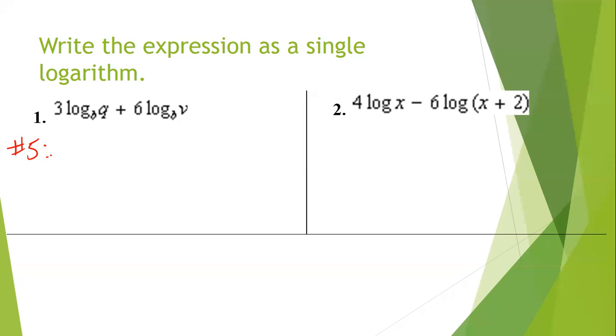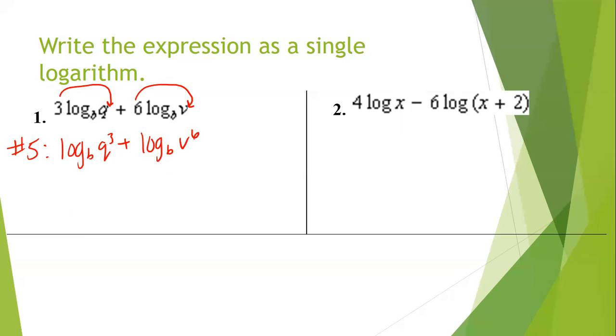So check for property number 5. Are there any factors that can become powers? Yes, 3 can become the power of Q and 6 can become the power of V. Do we see that? So that gives me log base B Q to the 3rd plus log base B V to the 6th.